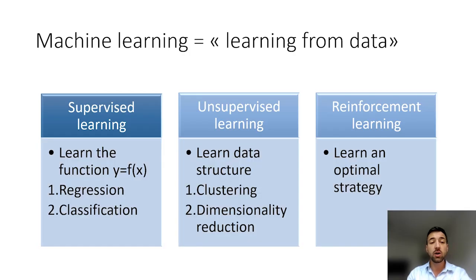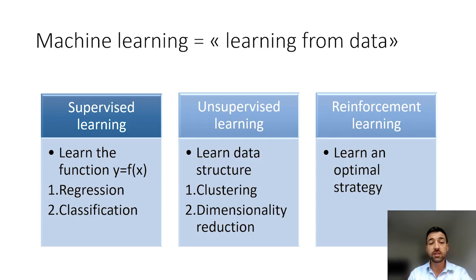And here, what we want to do is to learn the mathematical mapping between some input data, so usually patient data, patient characteristics, and some output of interest, for example, mortality or sepsis or length of stay. If the output is binary or categorical, we're doing a classification task. If the output is continuous, then it's a regression task.